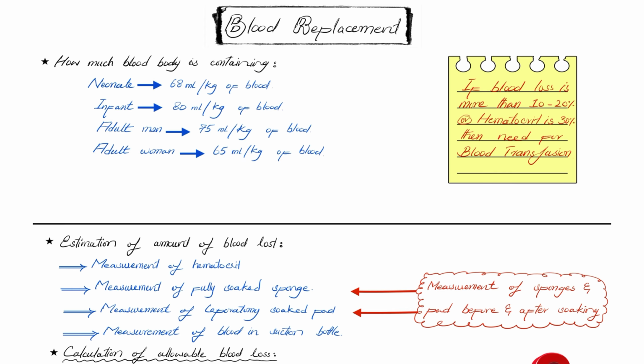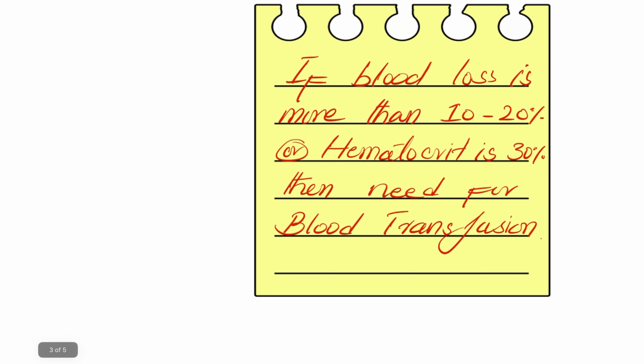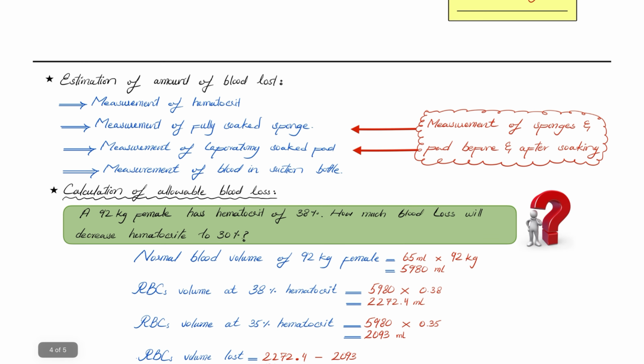When will be the need for blood transfusion? If blood loss is more than 10 to 20% or hematocrit drops to 30%, then there is need for blood transfusion. How can we make a rough estimation of amount of blood lost?